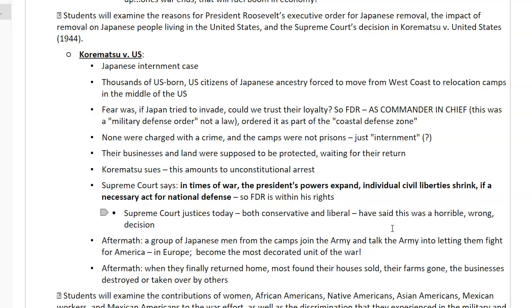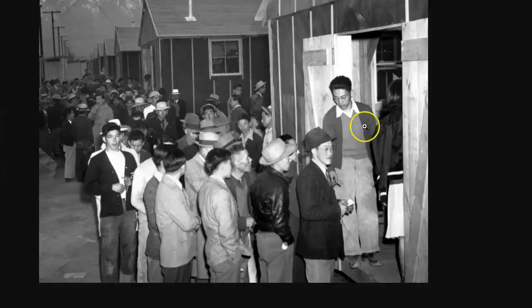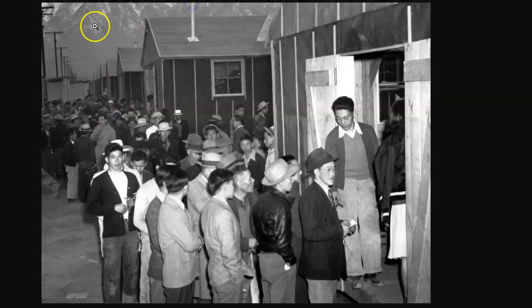So this, and let me just show you. So I want to be clear. This is a picture of one of these camps. You can see it's out in the Great Plains. There are the Rocky Mountains in the distance. And these are sort of the barracks that the folks lived in. Here they are, again at the foot of the Rocky Mountains.